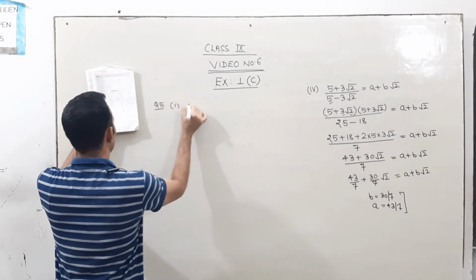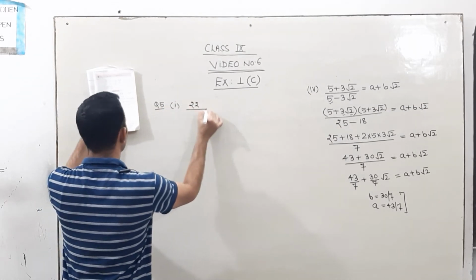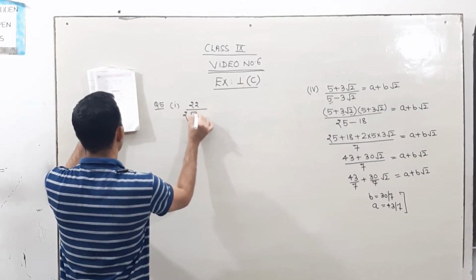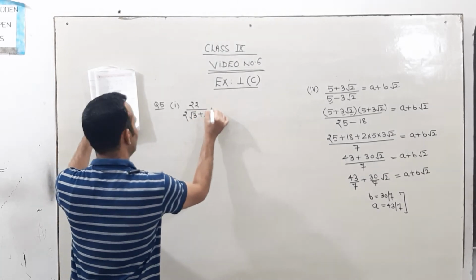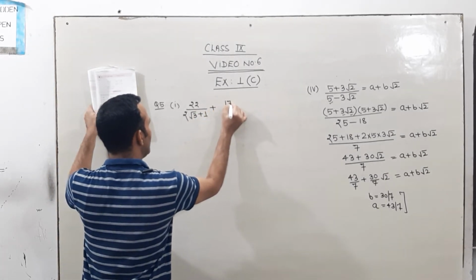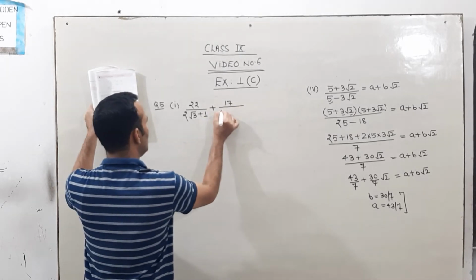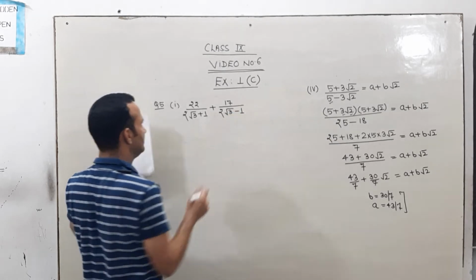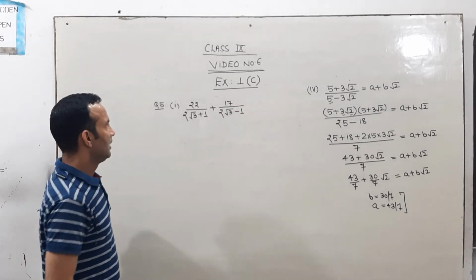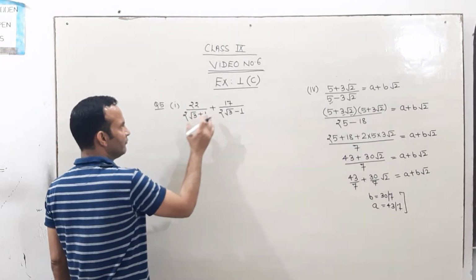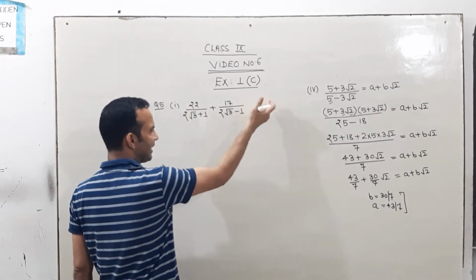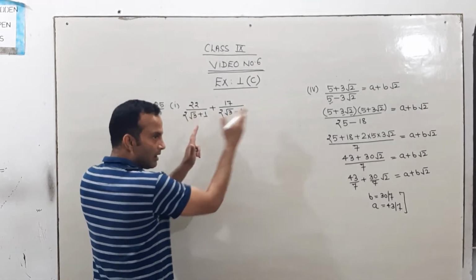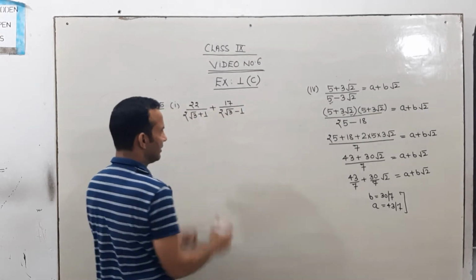First part: 22 upon 2 times root 3 plus 1, plus 17 upon 2 times root 3 minus 1. See this part. When plus and minus are given, always remember that the question is divided into parts. This is the first part, this is the second part.